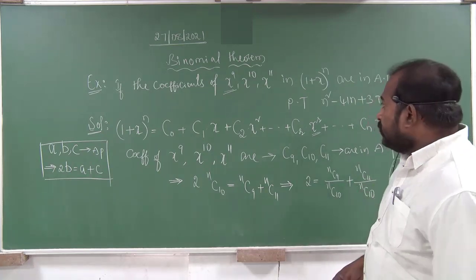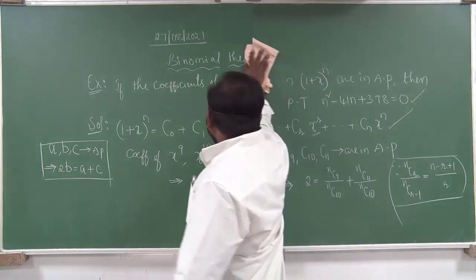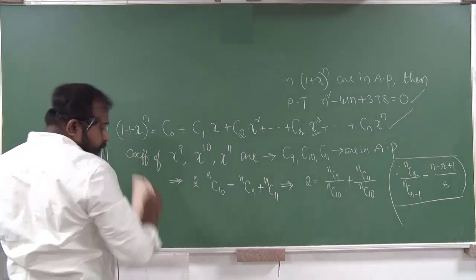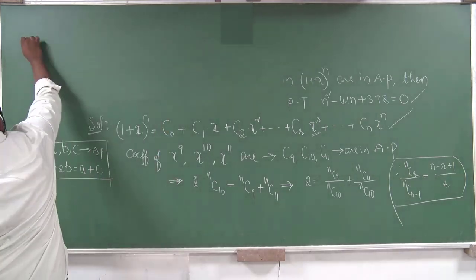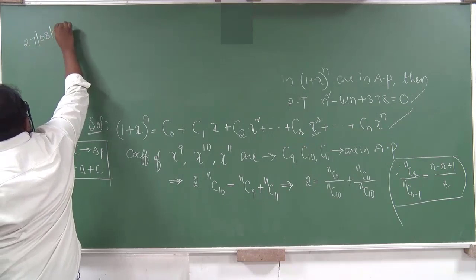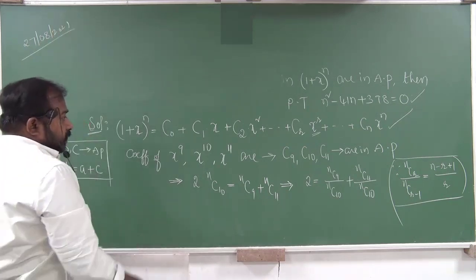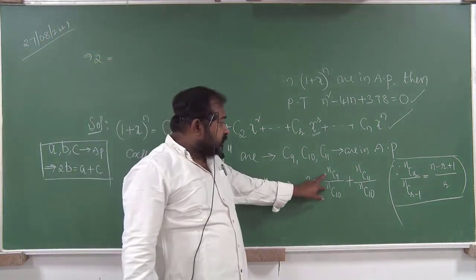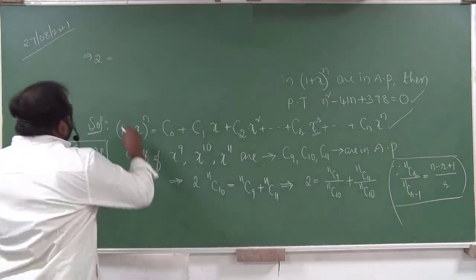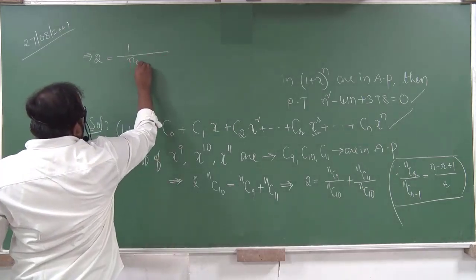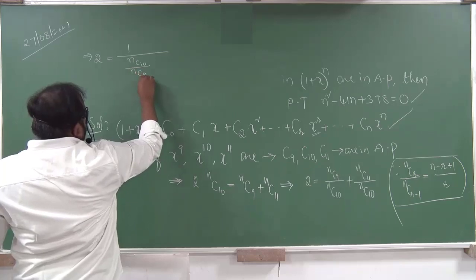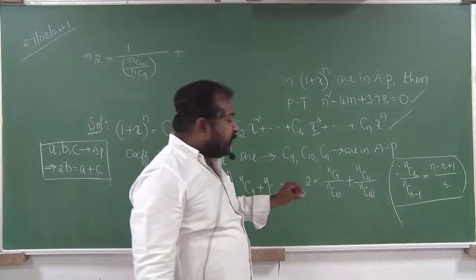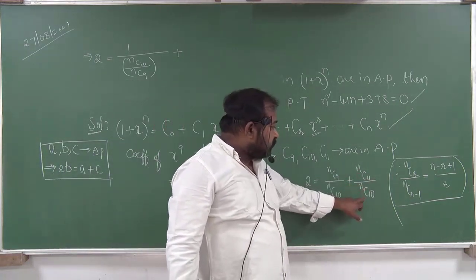Here I will write, 2 equals, for the first value, the reverse: 1 by nC10 by nC9, I can write like this, plus the second value, where you can apply the direct formula, nCr by nC(r minus 1).